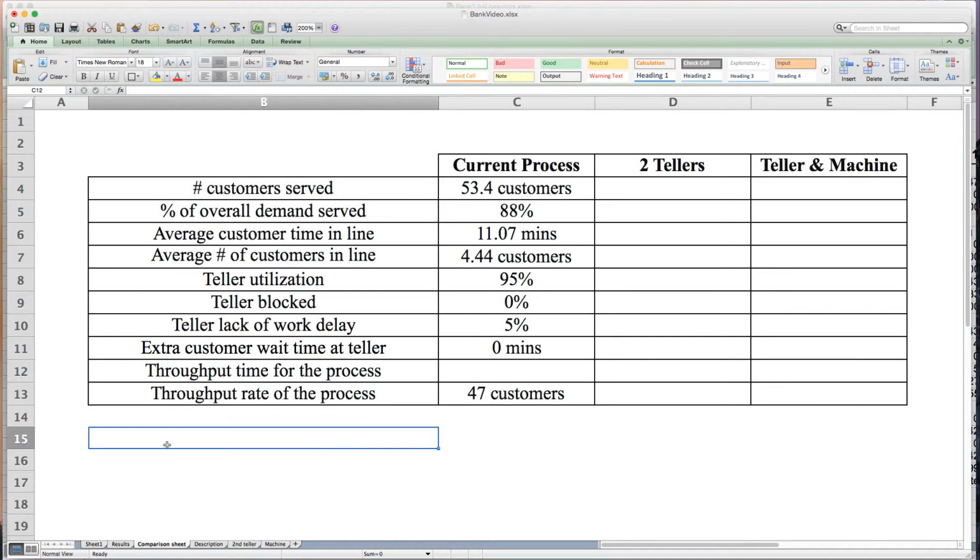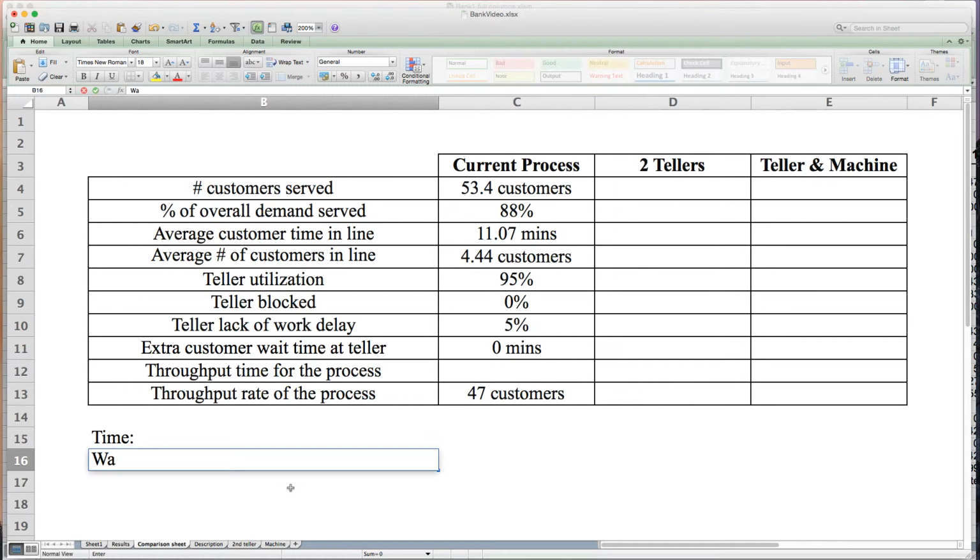So in this instance, our throughput time is going to be equal to, okay, time in the wait line plus time at the teller. Now with any workstation, and let's just do this as good practice to get used to it, it's going to be processing time and any extra wait time. So let's do that, extra wait.